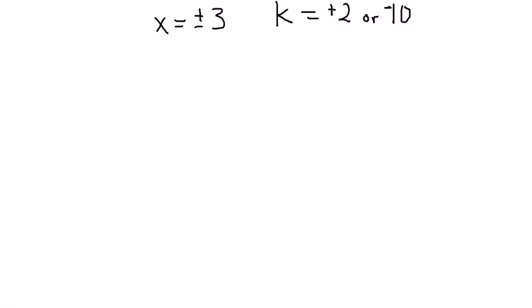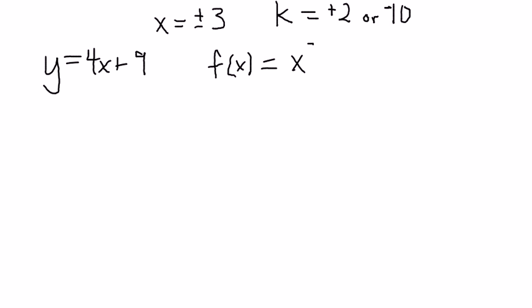If k is positive 2, then y is 4x minus 9, and f of x is, we'll say, first we'll do x squared plus 10x, and that's equal to x times (x plus 10).